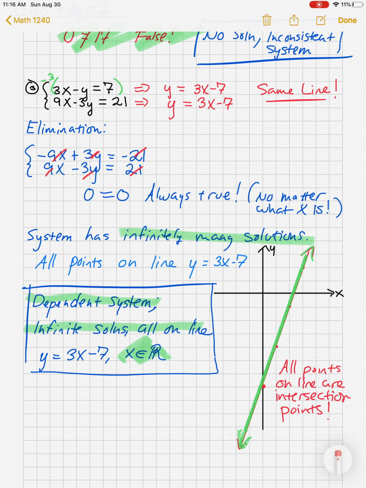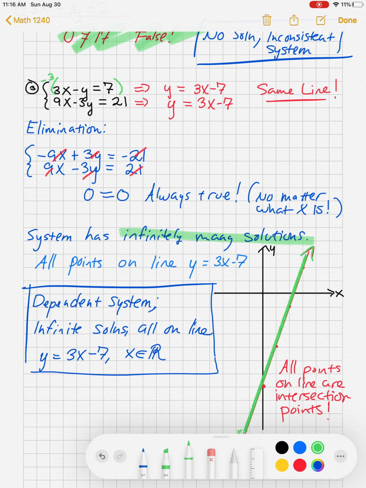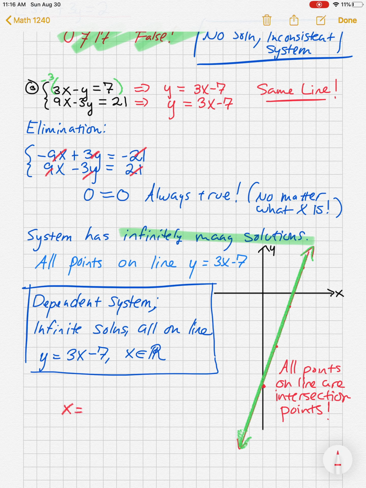But if you wanted to see how this actually works, what if you pick a value of x? I don't know, 1. Plug it in here. y equals 3 times 1 minus 7, so negative 4. So supposedly, the point 1, negative 4 is on that line.